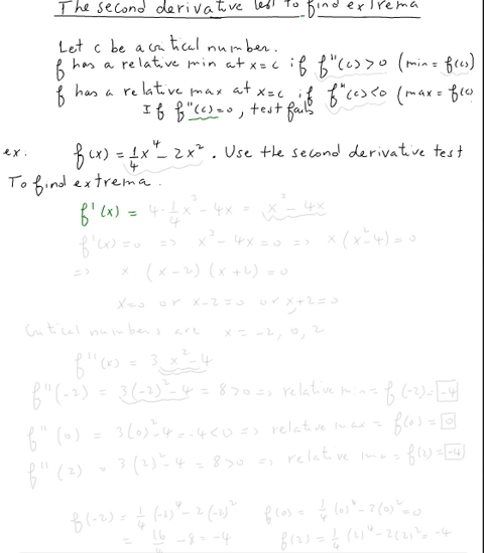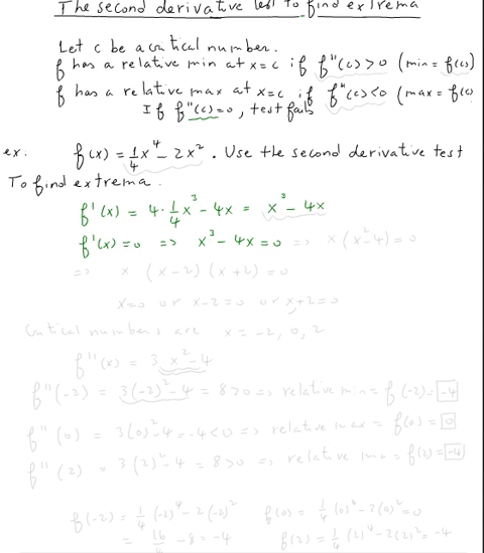So f prime of x is 4 times 1 over 4 x cubed minus 4x, which is x cubed minus 4x. Now, to find the critical numbers, we set the derivative equal to 0, which means x cubed minus 4x is equal to 0.